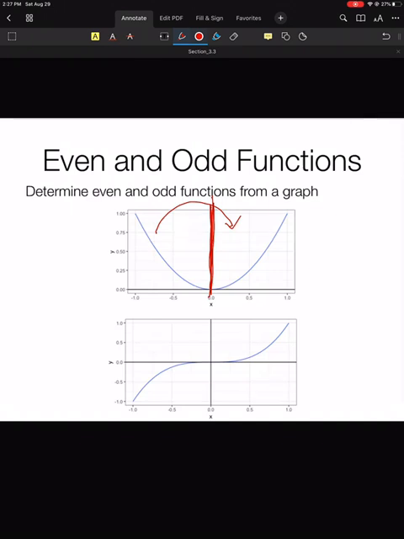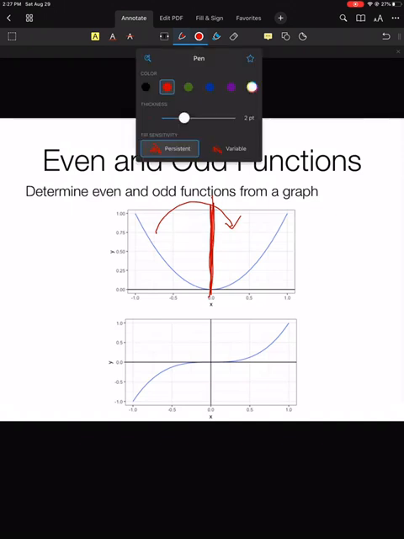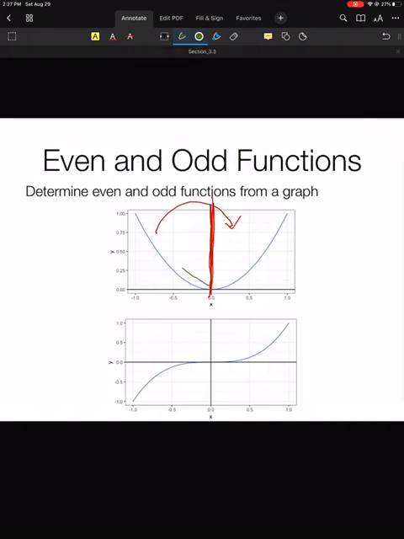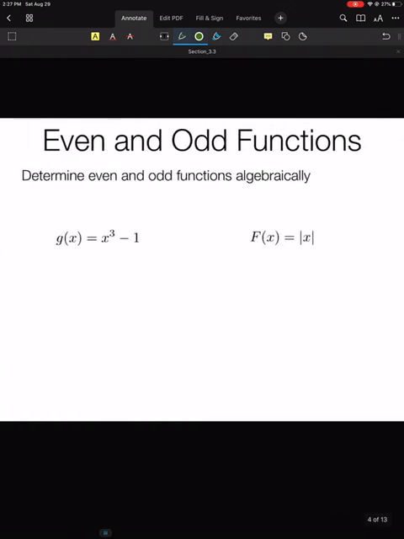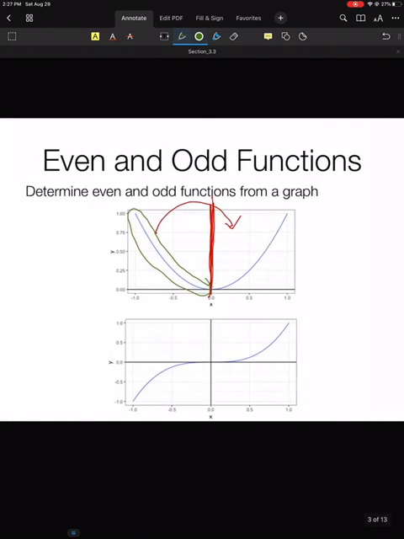So if I flip this part here, that blue line, over, it is in fact going to draw exactly the same as this right side.